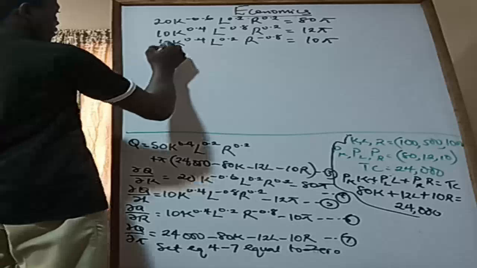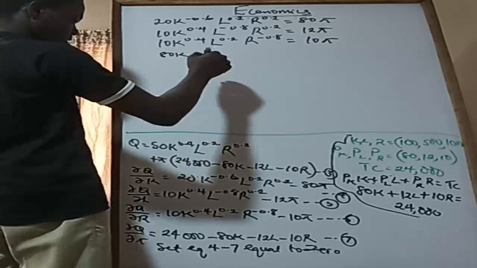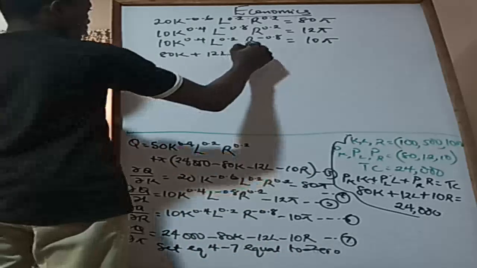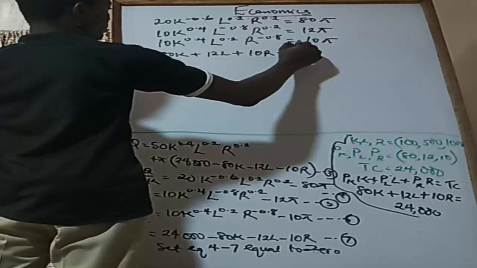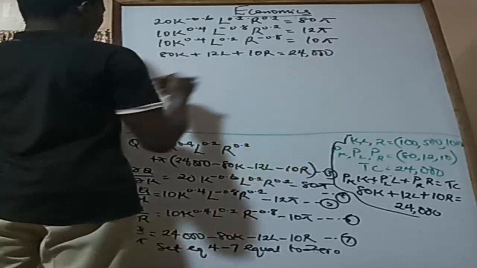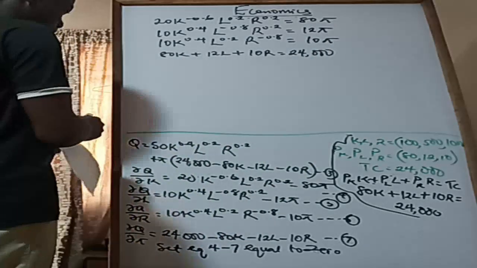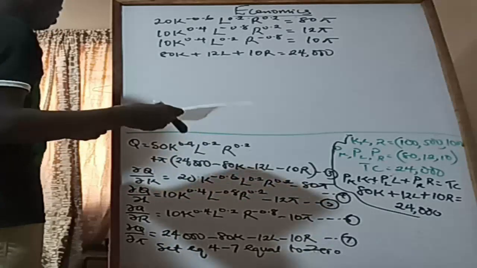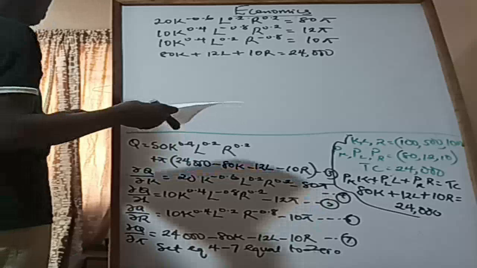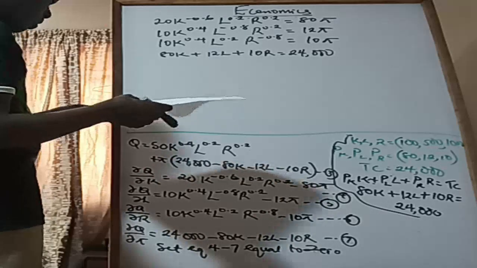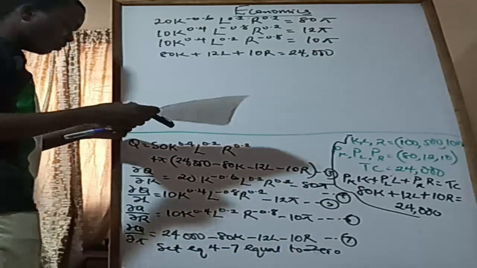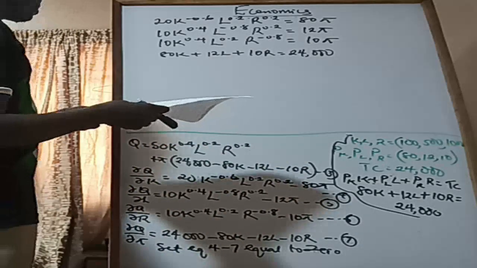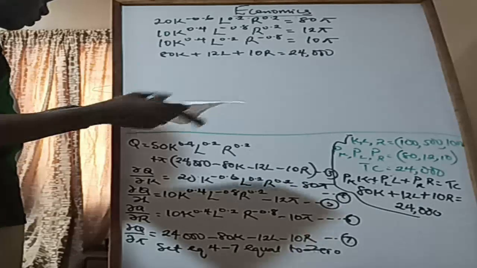So you're just going to be having 80K plus 12L plus 10R equals 24,000. All right, so now that we are done with that, let me quickly verify, in case there is no error. 20K^-0.6 L^0.2 R^0.2 is 80 lambda, 10K^0.4 L^-0.8 R^0.2 is 12 lambda, then 10K^0.4 L^0.2 R^-0.8 is 10 lambda.